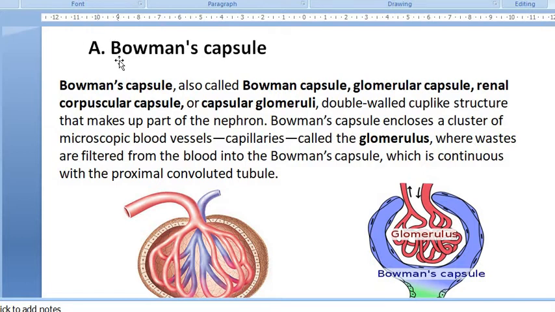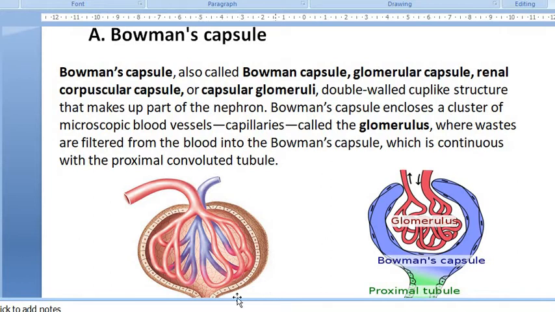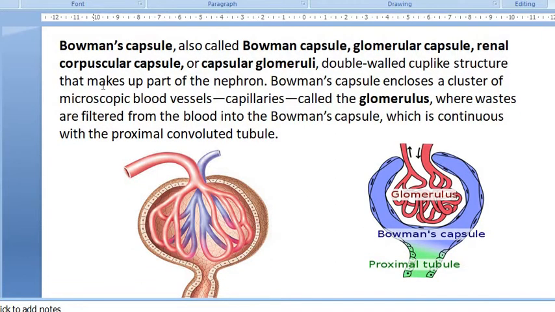The first part is Bowman's capsule. This Bowman's capsule acts just like a filter. Coffee is filtered in a filter.